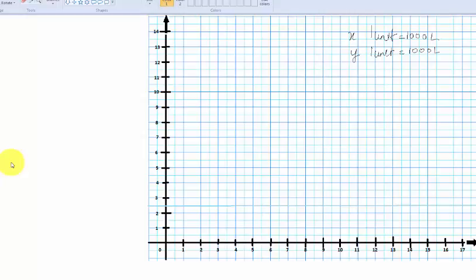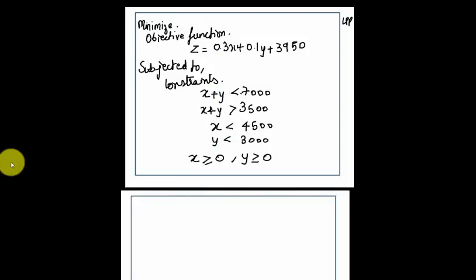Okay, so when I go back and look at this, this is nothing but x plus y equal to 7000, right? Which can ideally be written as x by 7000 plus y by 7000 is equal to 1. All right, and what is this equation? This is nothing but the intercept form of a straight line, which means this is x by a plus y by b equal to 1, where a and b become the x and the y intercepts.